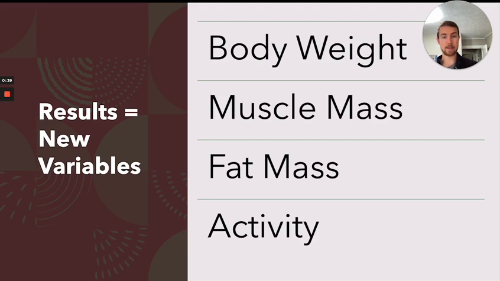Same with your fat mass. So once you do see results, there are new variables, and now you will potentially plateau. If that happens, you will need to reassess and readjust the new variables to continue along the gain train and see more results. All right.